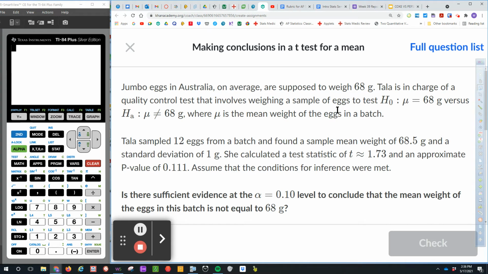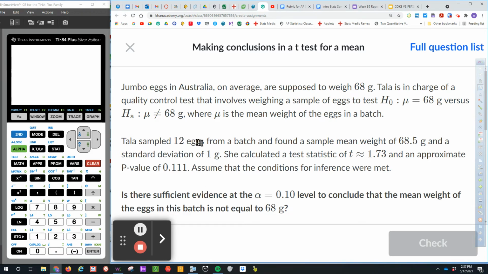Jumbo eggs in Australia on average are supposed to weigh 68 grams. Tala is in charge of a quality control test that involves weighing a sample of eggs to test the null hypothesis that the mean equals 68 grams versus the alternative that the mean is not equal to 68 grams, where mu is the mean weight of the eggs in a batch.